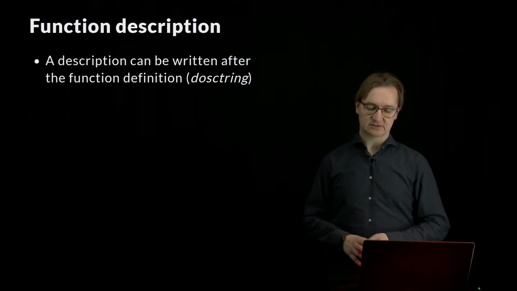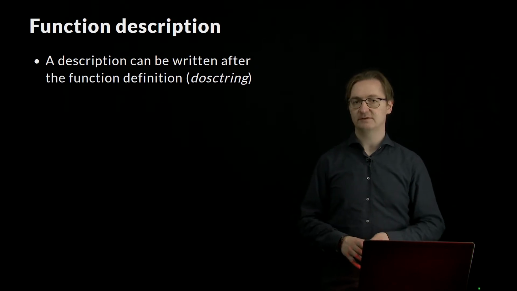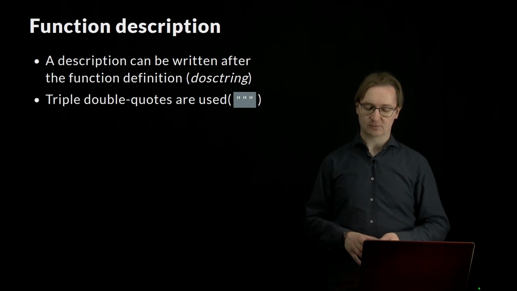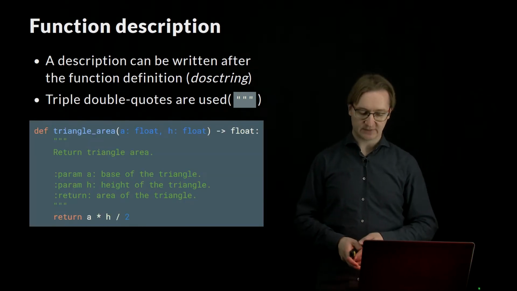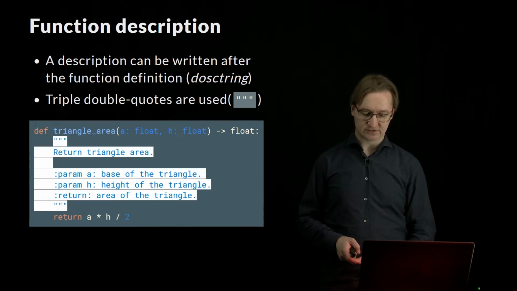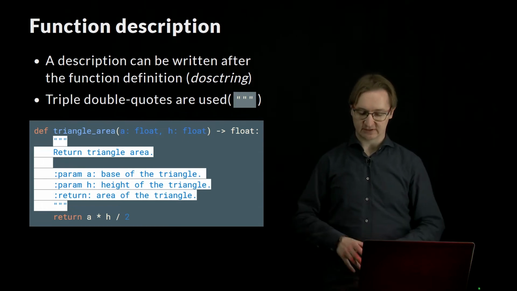The description can be written after the function definition, and in Python we call it a docstring. The function description is written in triple double quotes as shown here. Basically everything between those triple double quotes is a docstring.